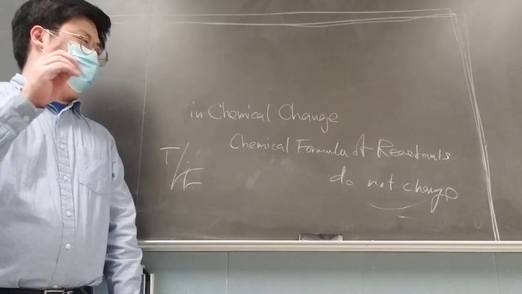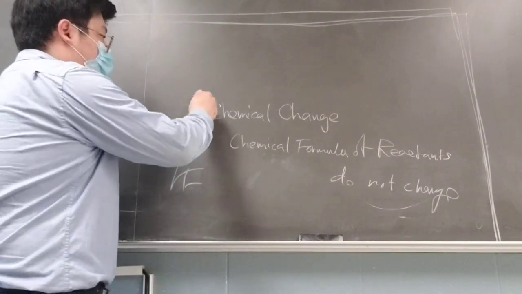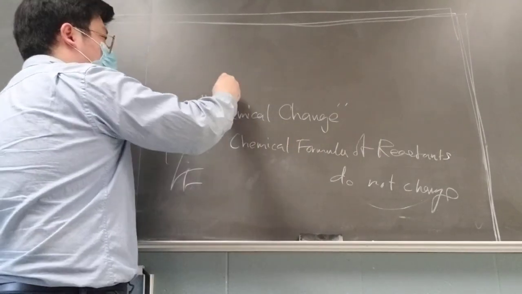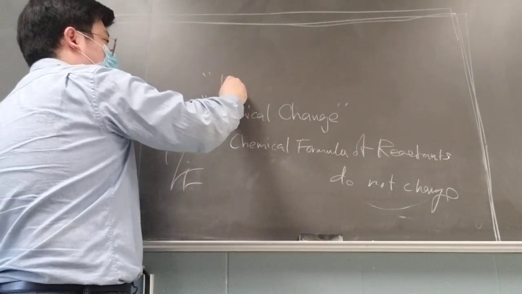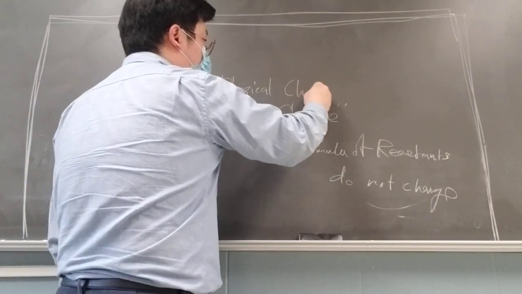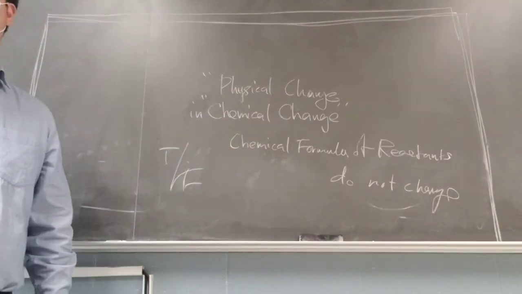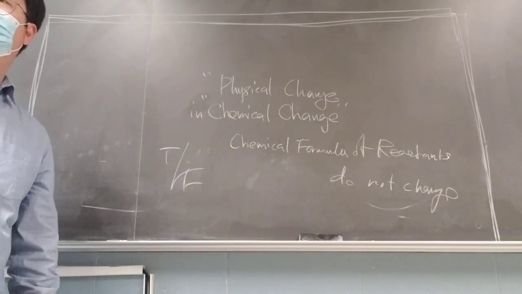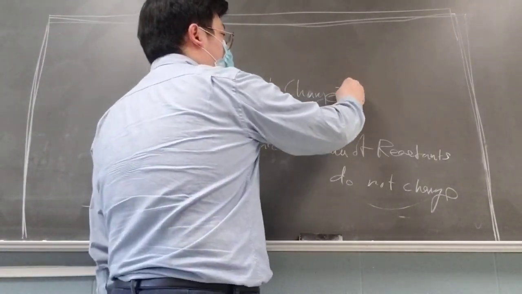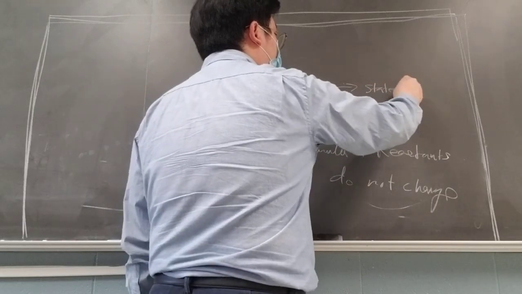What do you think? Perfect. Yes, it's false, right? Because you need to remember the chemical change and also another one. What was that? Physical change. So physical change does not change the chemical formula of the reactants or the original sample, because it only changes the status or state of matter.